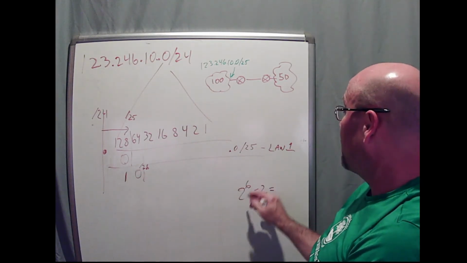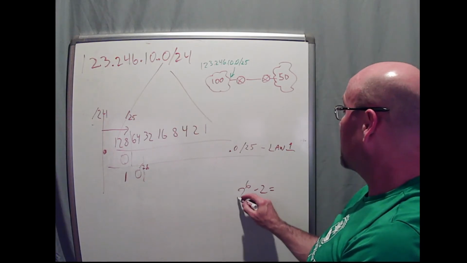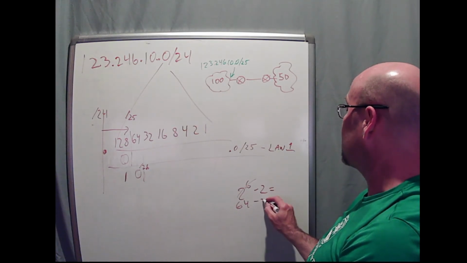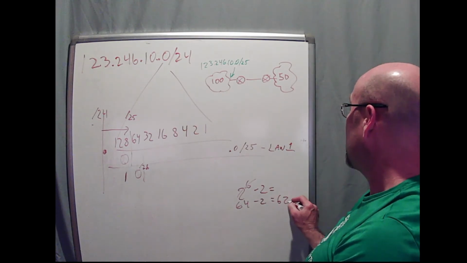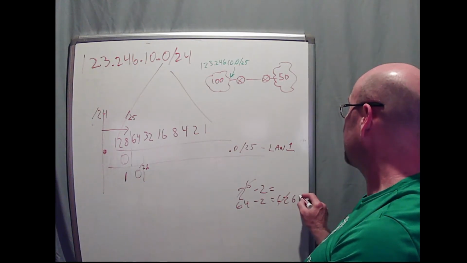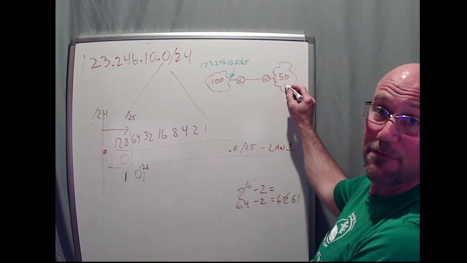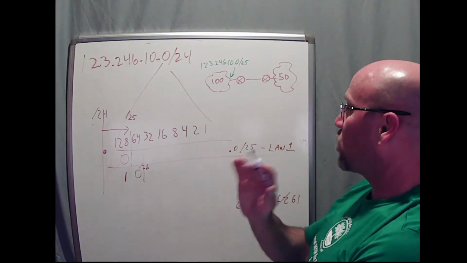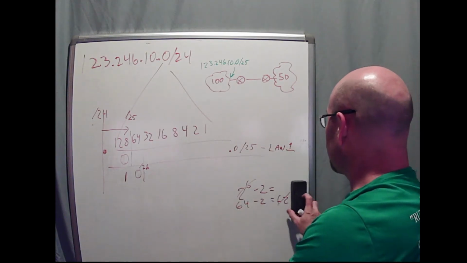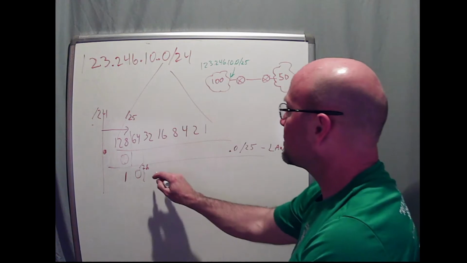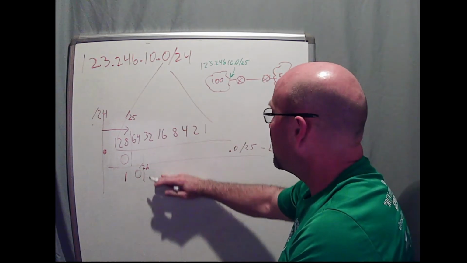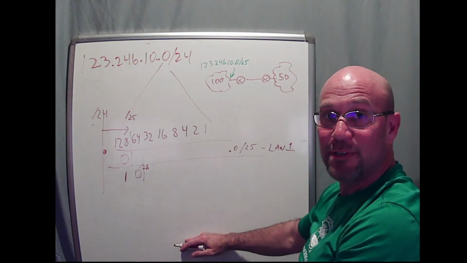That's good. We get 64. So we get 64 minus 2 equals 62. We're going to use 1 for the router, so we're going to have 61. This is plenty for this LAN up here. So we're on track. So let's stay with the /26, and you will count those out as you did before.